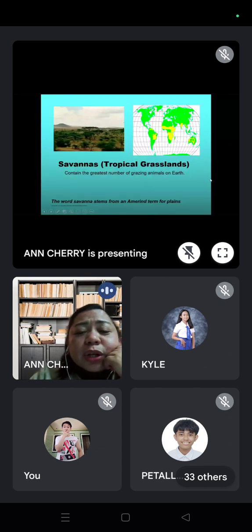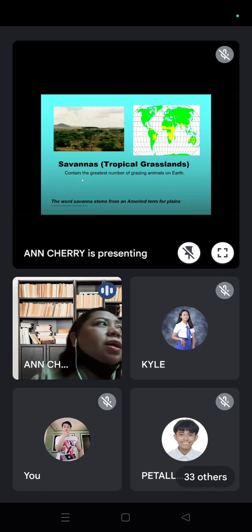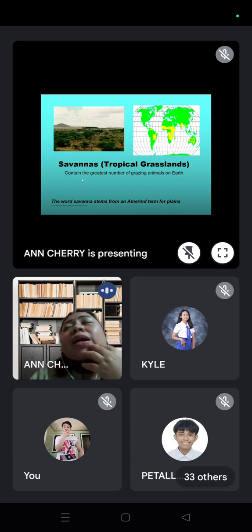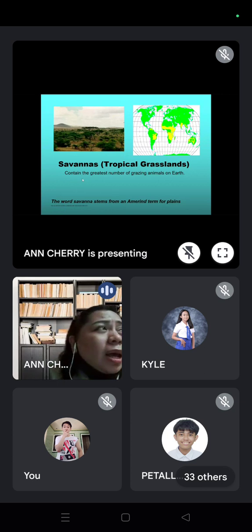Savannas, or we call them tropical grasslands. They contain the greatest number of grazing animals on Earth. Okay? These grasslands are called the food basket of the world. Why are they called the food basket of the world? Because people tend to use this ecosystem as farming areas for wheat, rye, barley, corn.